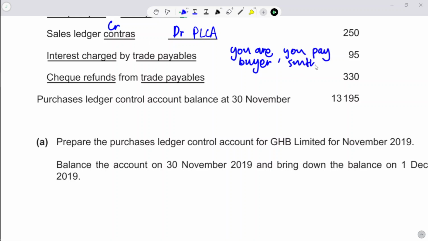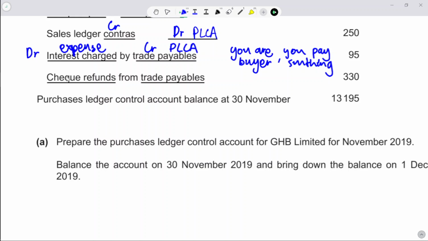Okay. So this one interest charge is actually an expense because you pay it. Okay. So this one debit expense. So this one will be credit, and trade payables is PLCA.